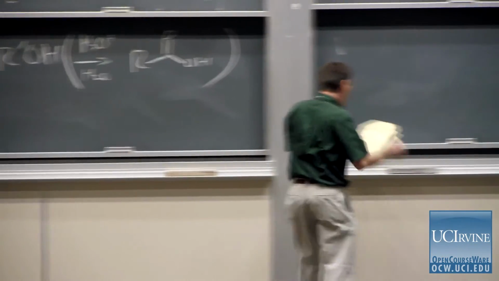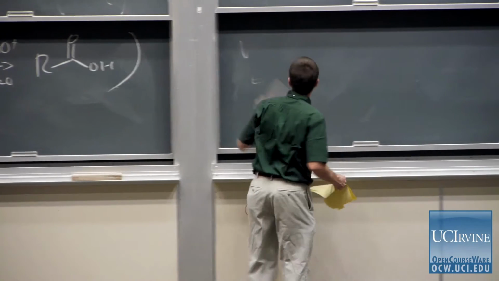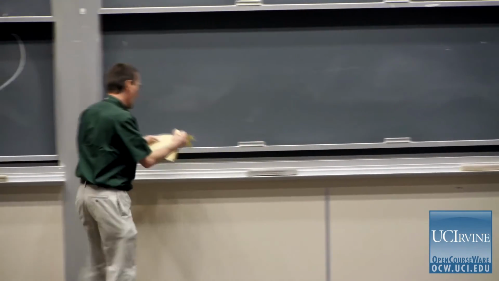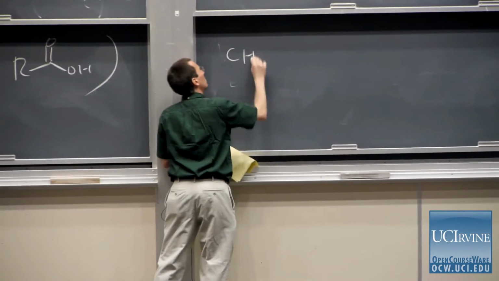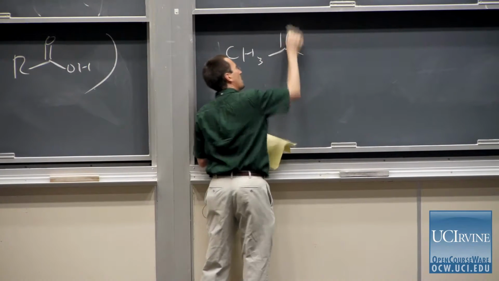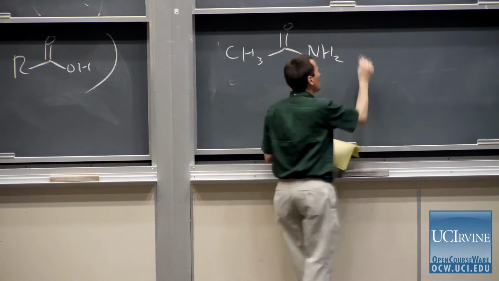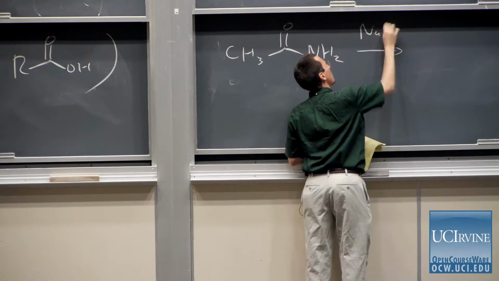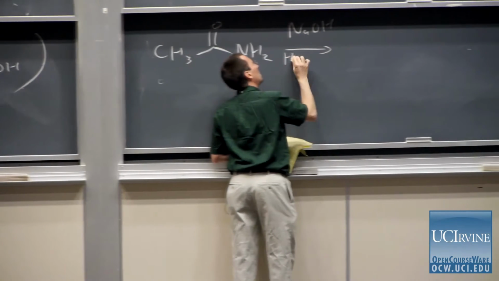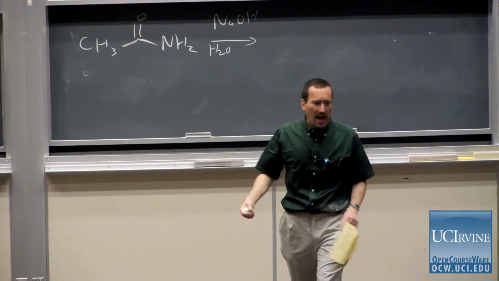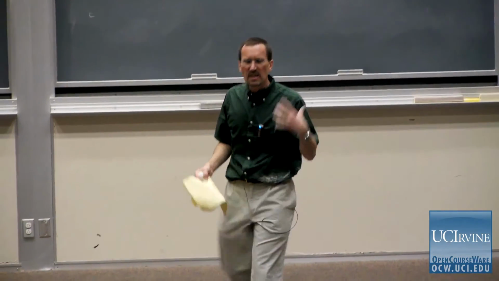And so if I tried to epitomize this with a reaction, and again, I'm going to write very simple compounds, so I will write acetamide, but again, this could be any amide. If I imagine treating it with sodium hydroxide and water, like we did with our ester in saponification, how would I epitomize this?